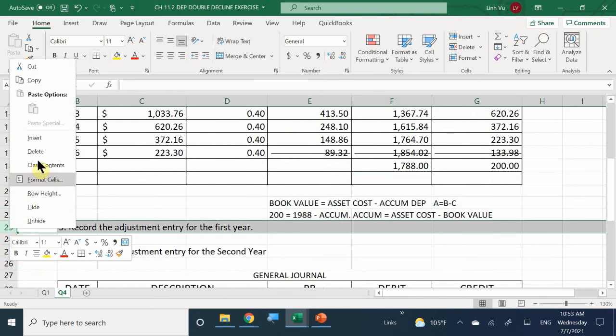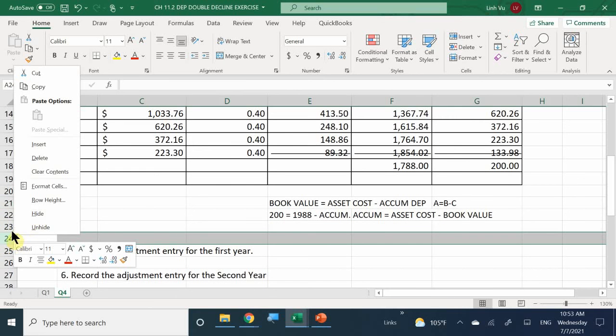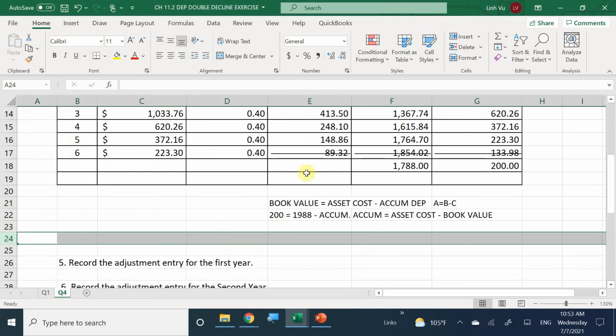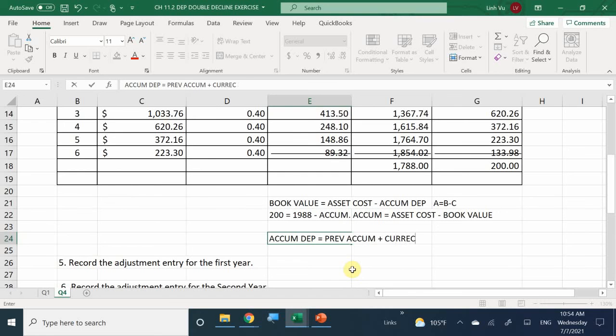So then now I have one more step to go. I need to solve for my depreciation expense. Now here's one thing I know. The accumulated depreciation is going to be my previous year's accumulated depreciation plus my current depreciation expense, which is exactly what I want to solve for.